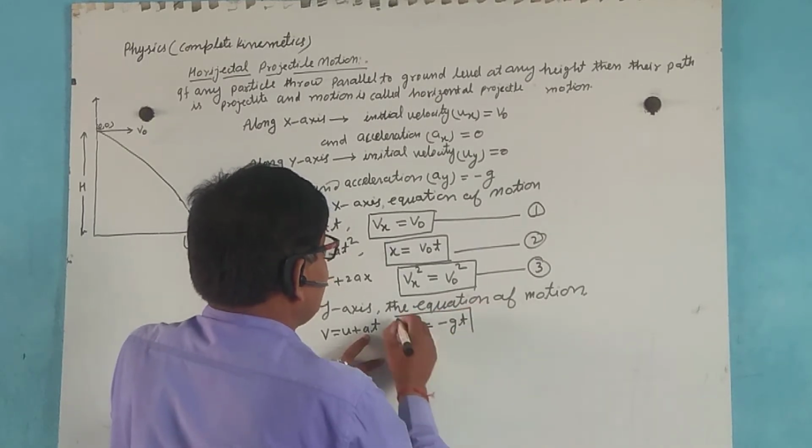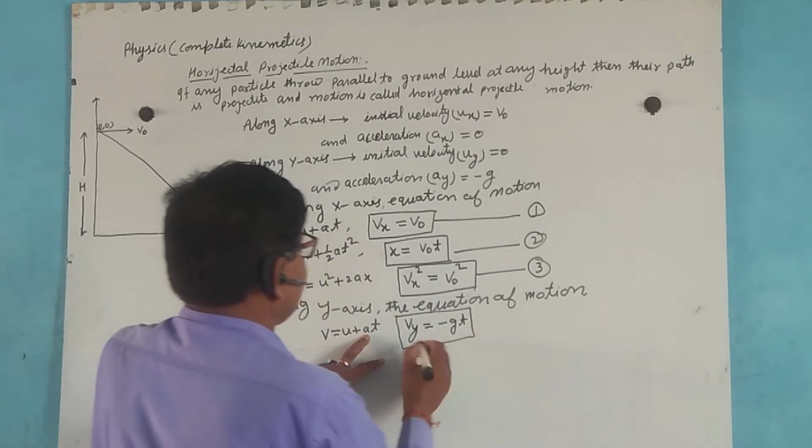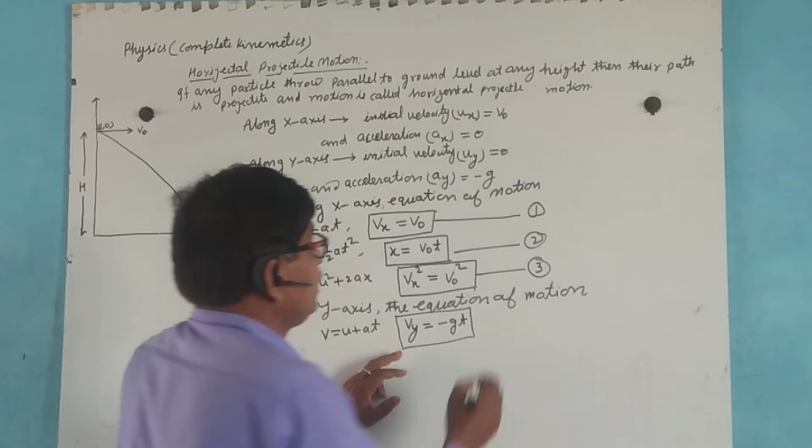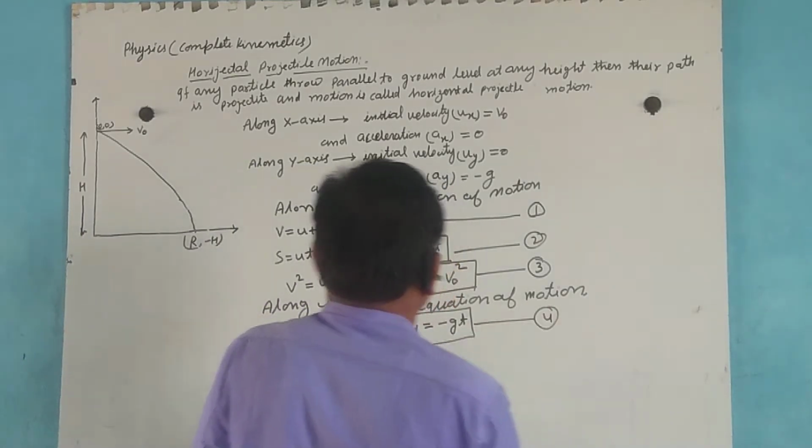So the first equation of motion becomes vy is equal to minus gt. This is the fourth equation.